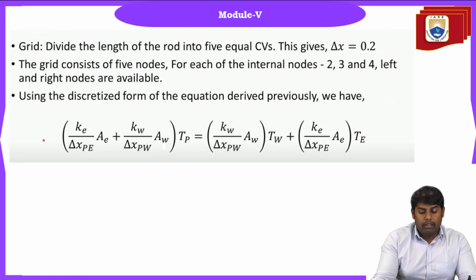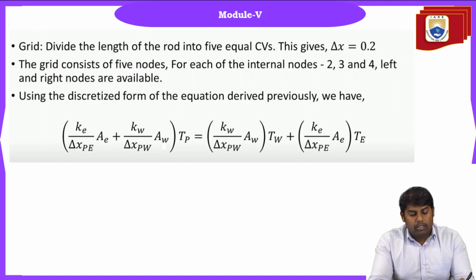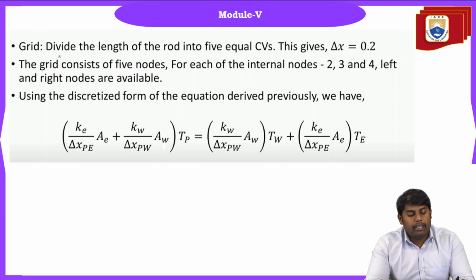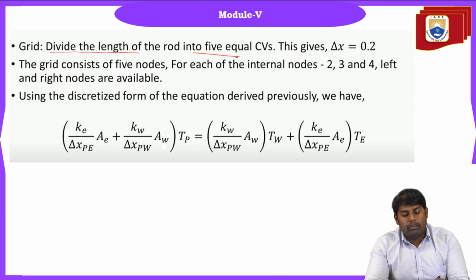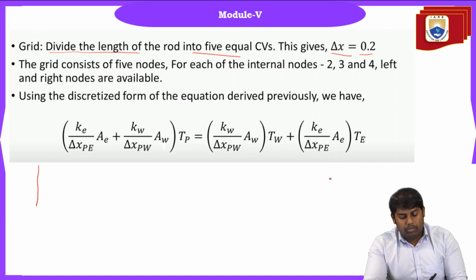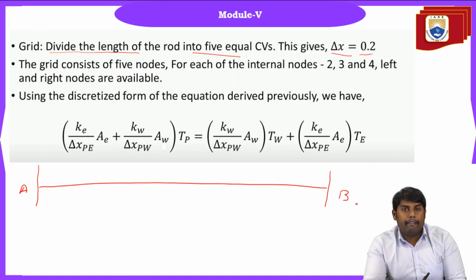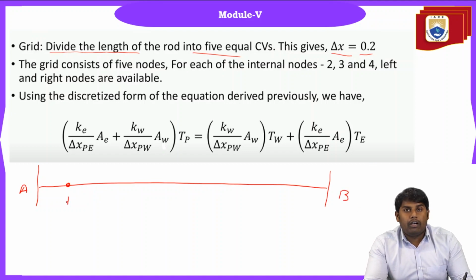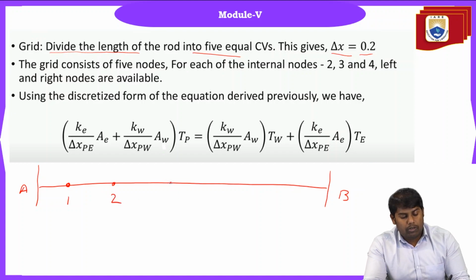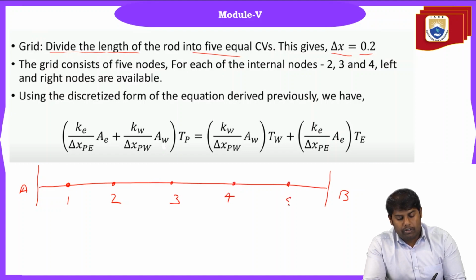Okay. So using this formulation, we need to solve the problem. So let's do it. Now here we are dividing the grid into 5 elements, and let us take delta x as 0.2. Fine. Now, as we have seen, let me draw it again, in a bigger picture. So this is the rod. This is boundary A. This is boundary B. This is point 1, 2, 3, 4, 5.